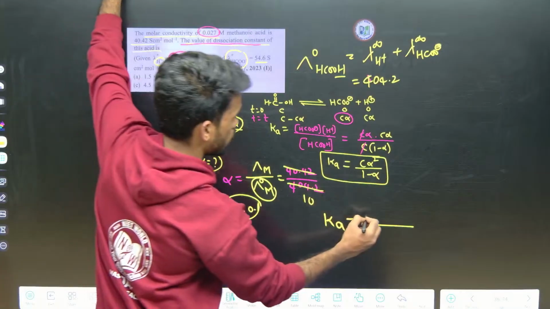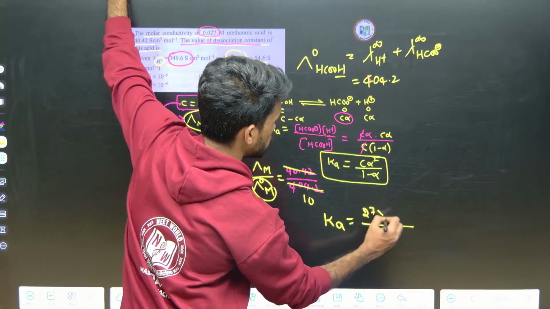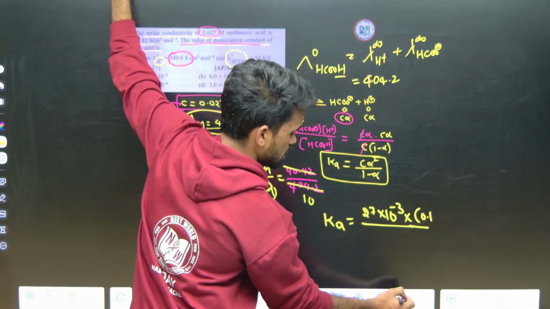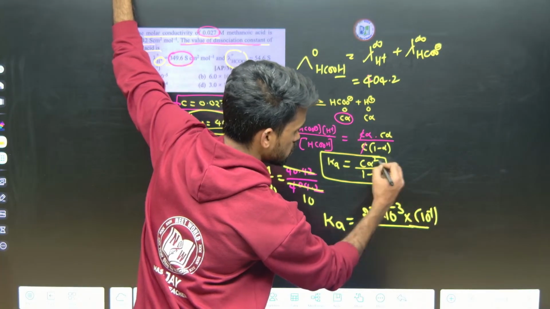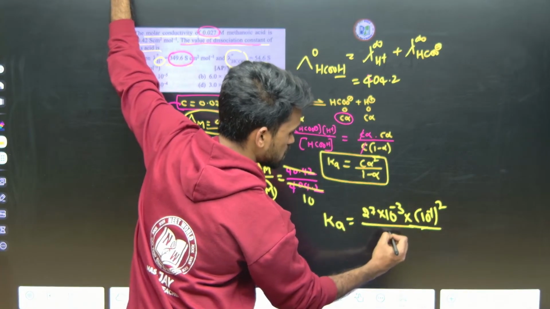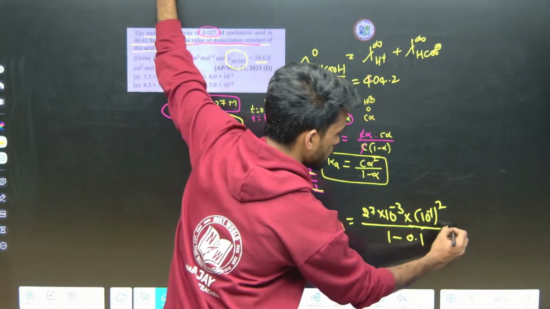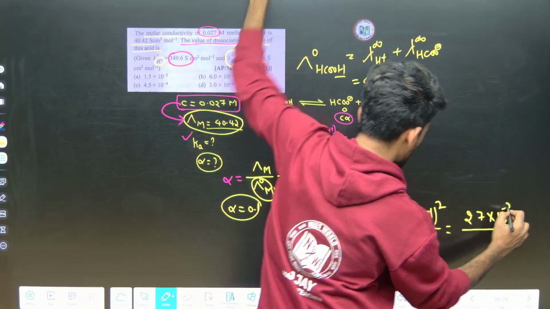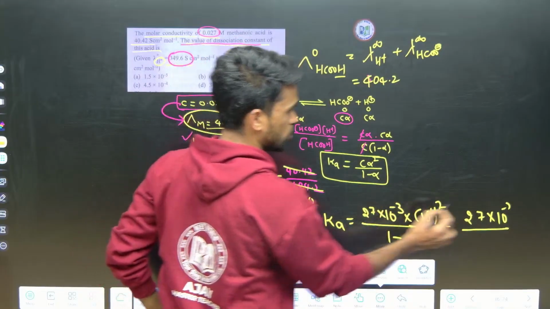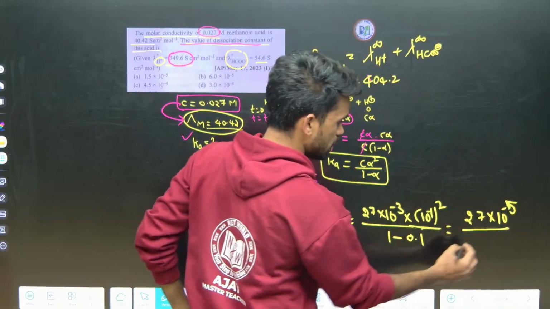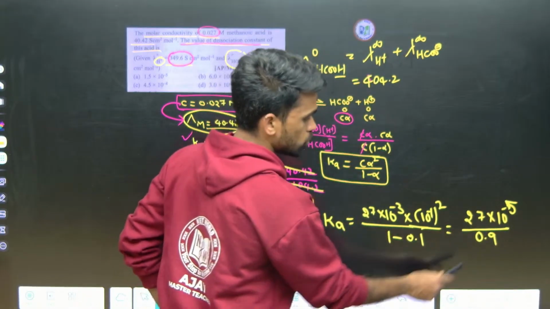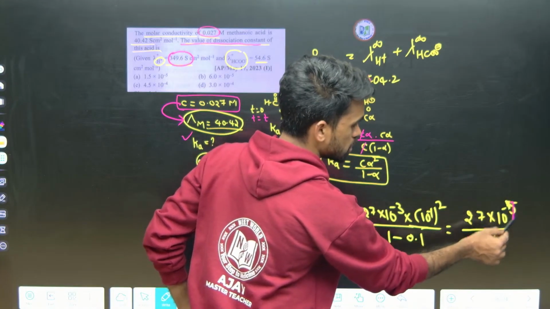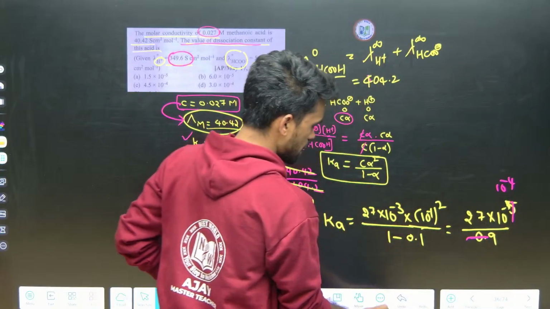C value is 0.027, so I am writing 27 into 10 power minus 3, and alpha value as 0.1, that is 10 power minus 1, squared, and 1 minus alpha is 0.9. You get 27 into 10 power minus 5 in the numerator, and in the denominator 0.9, which you can write as 9 into 10 power minus 1, so you can write it as 10 power minus 4. You are almost done with the question.